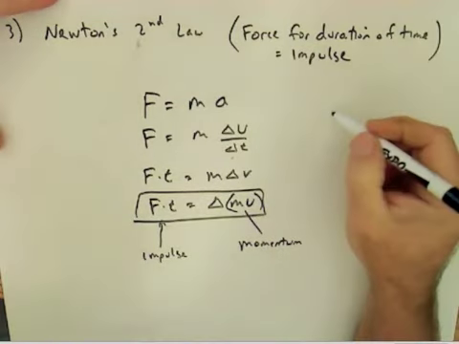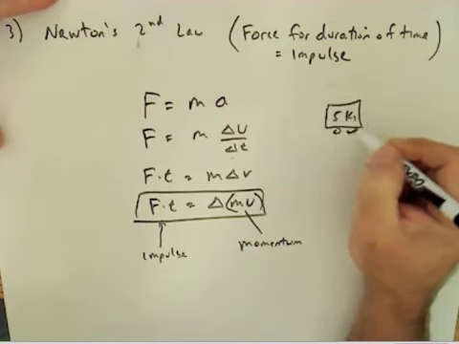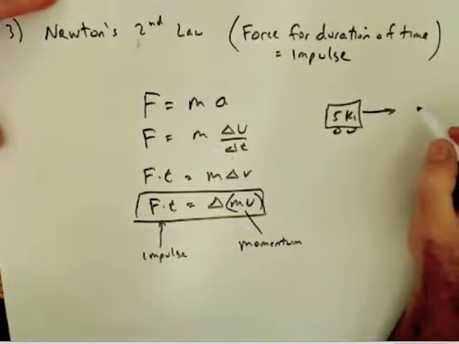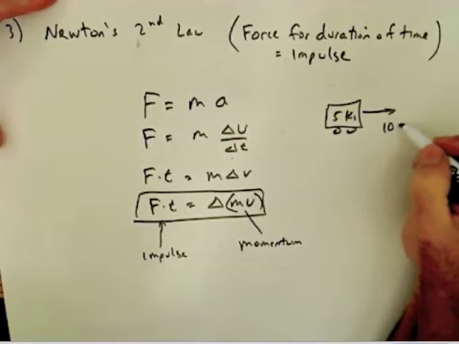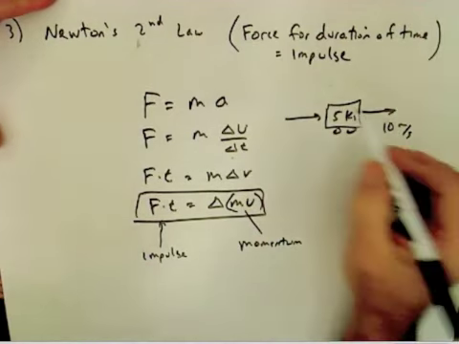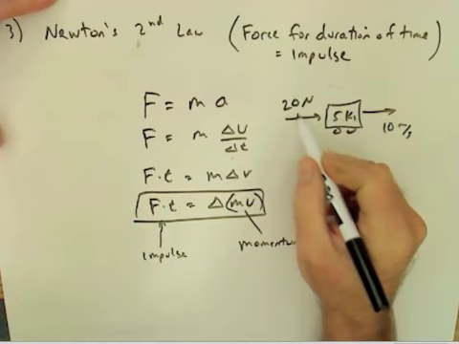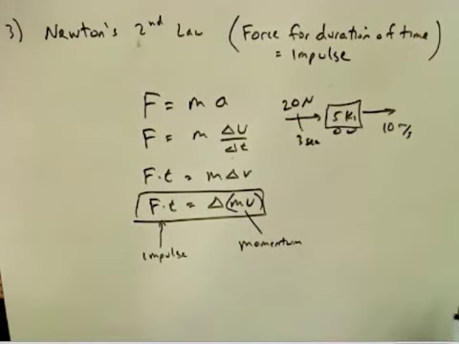So here's the most simple situation. You could have a car, let's say it's 5 kilograms, and it's already going forward, I don't know, 10 meters per second. Someone could come and push it forward, increasing the speed. And if they pushed it forward with 20 newtons, but they only did it for 3 seconds, could you figure out the final velocity?